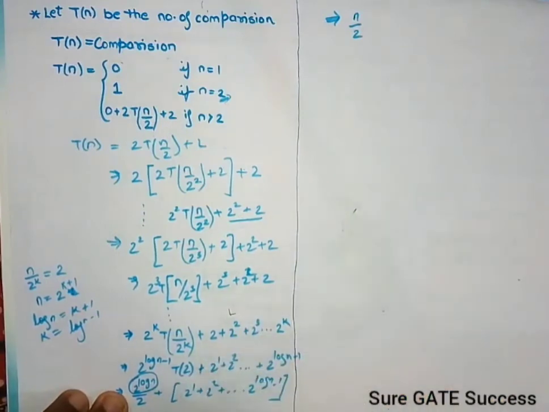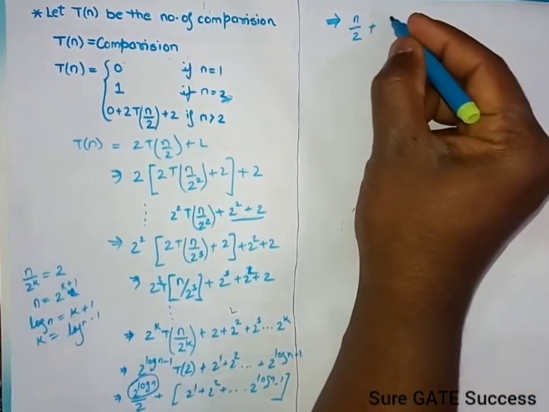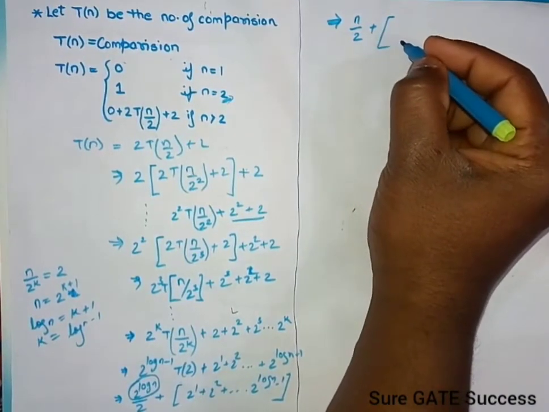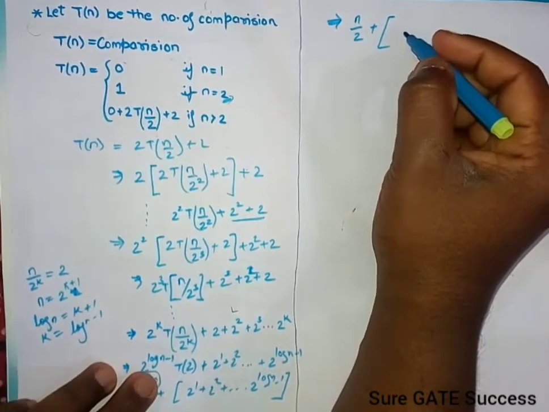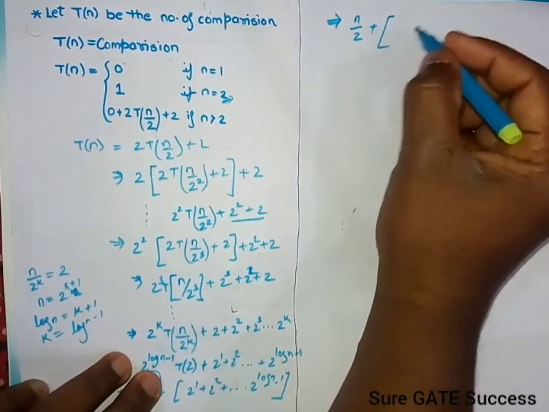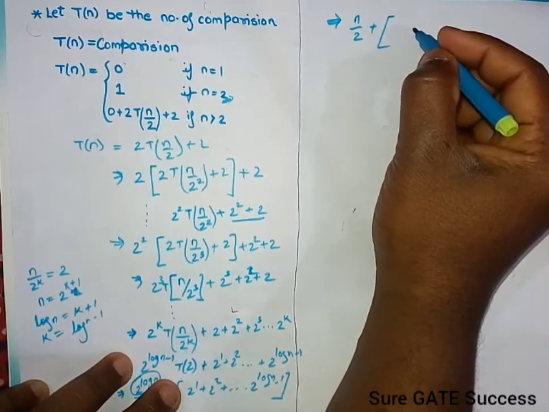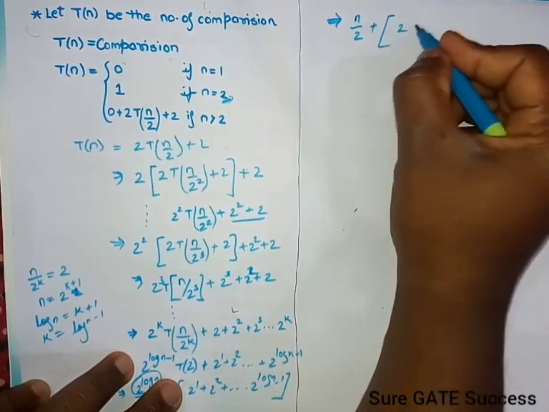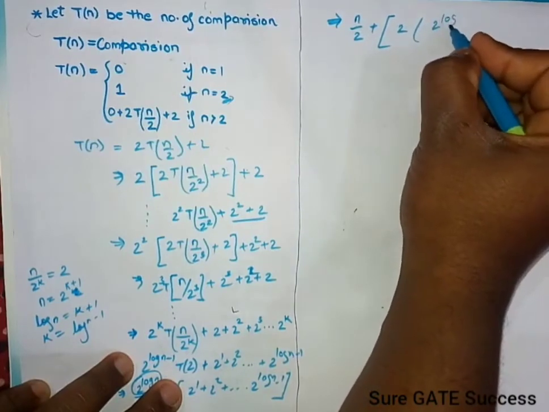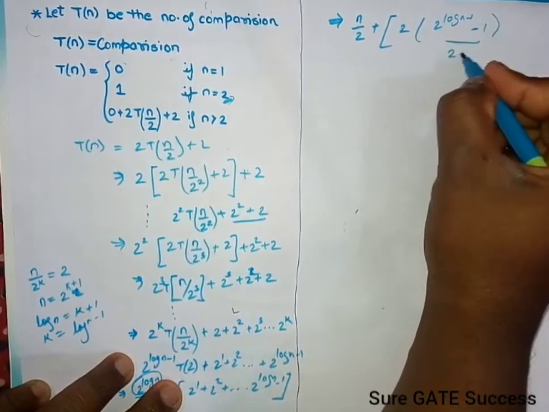If you solve it, it's n by 2. So that we have n upon 2. Here we are having a sequence, a GP series, so we can solve it by (2 to the power log n minus 1) upon (2 minus 1).